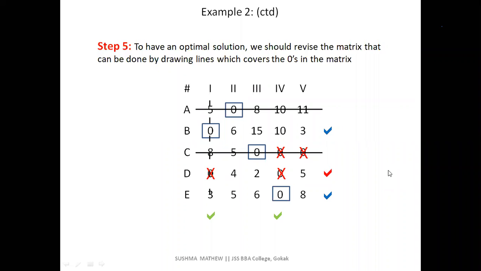I am drawing the lines here on the first column and on the fourth column. This is the base for you to draw the lines. Clear with the concept? On rows where there are no tick marks, put lines, and on columns where the tick mark is made, put lines. Clear? Now even if I do that, all my lines are covering.